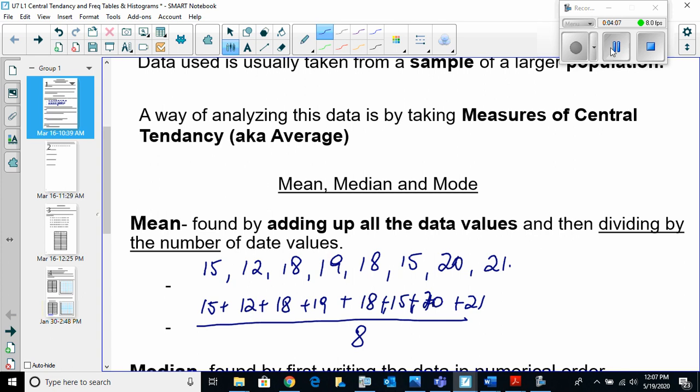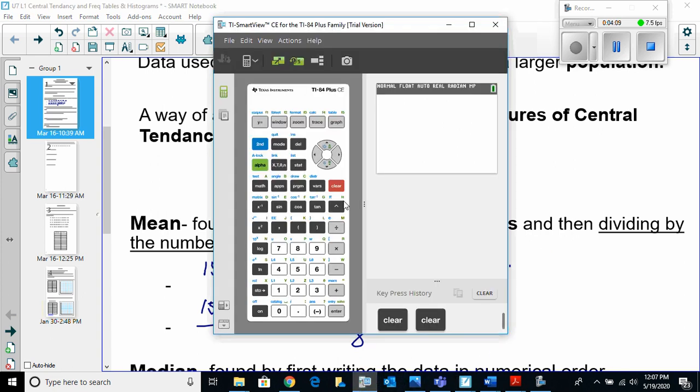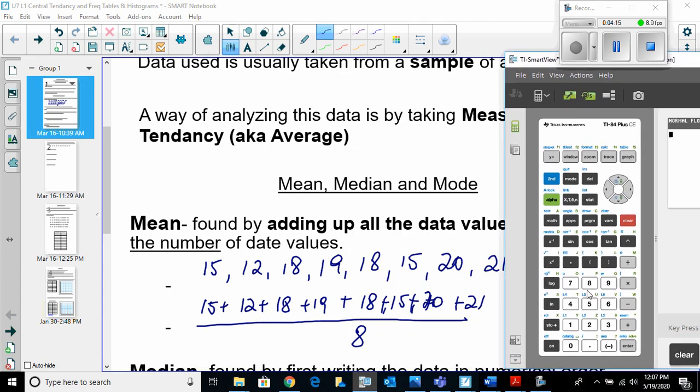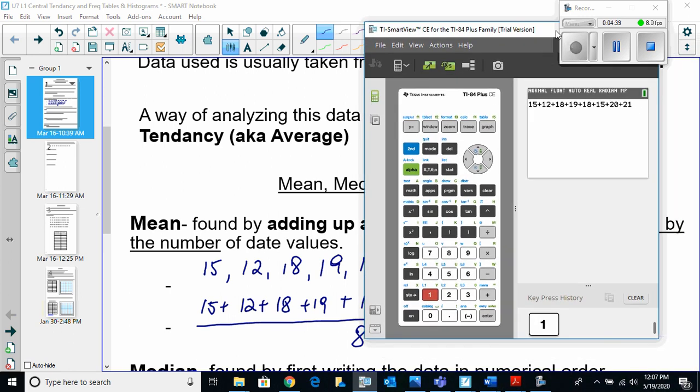And if you use your calculator, actually I have the calculator here, so we can say 15 plus 12 plus 18 plus 19 plus 18 plus 15 plus 20 plus 21, and enter. We will divide it by 8.